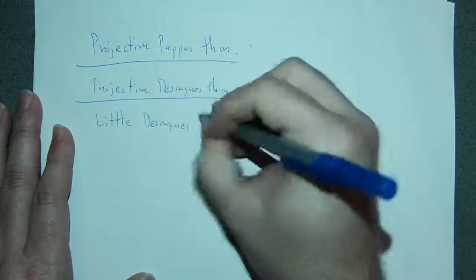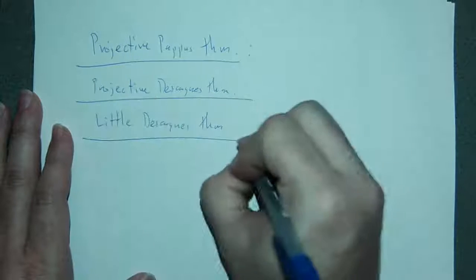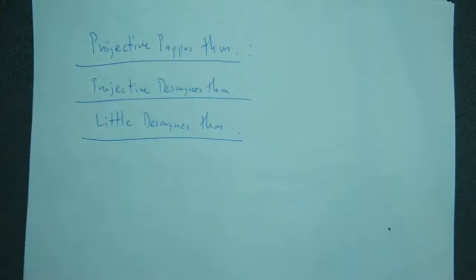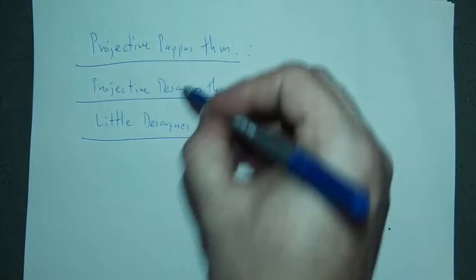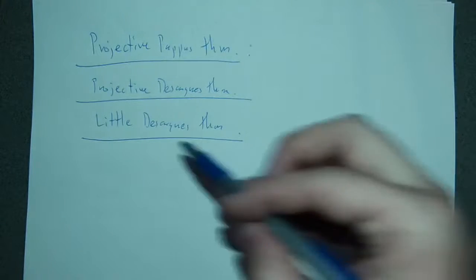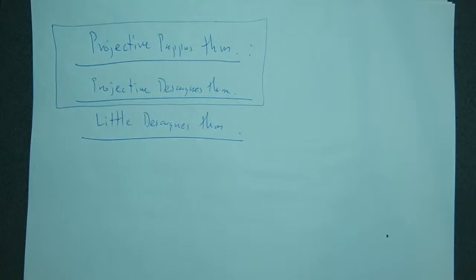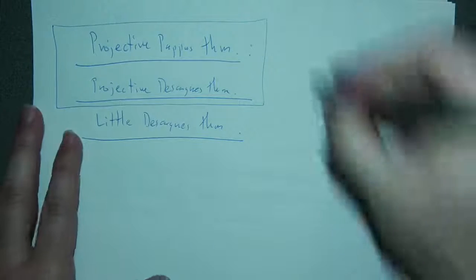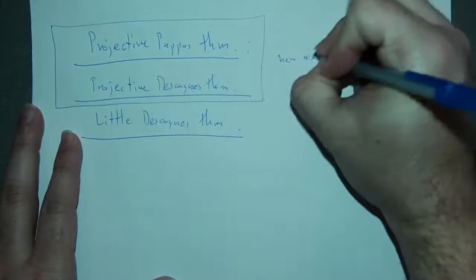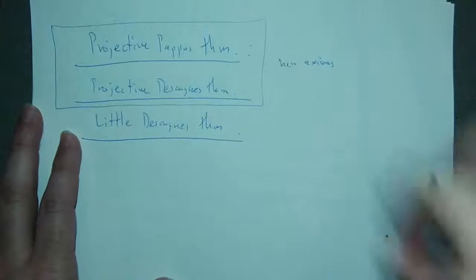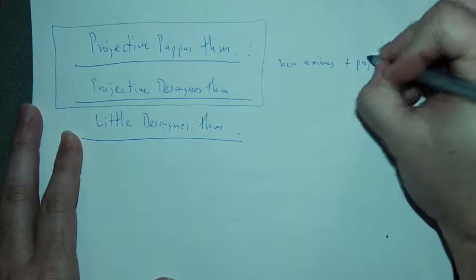We'll discuss at the end of this chapter why there is a reason to make any distinction at all. But what we can do, since little Desargues is a special case, is we assume these two. So we assume the projective Pappus and projective Desargues theorems, and we take these as new axioms. We take this plus the projective plane axioms.